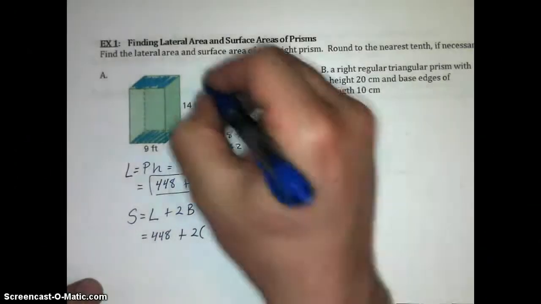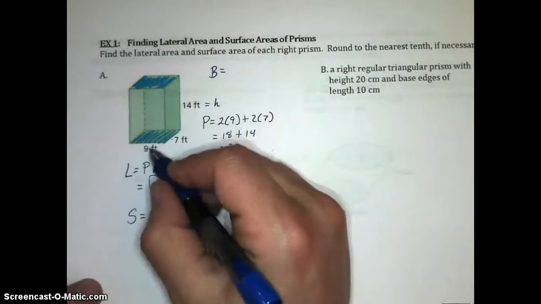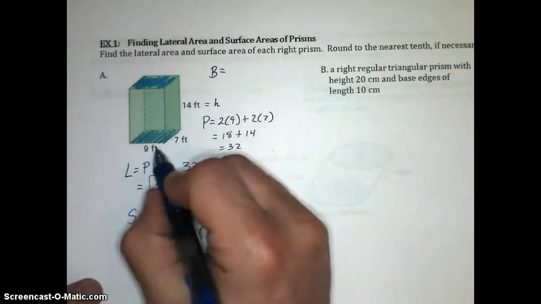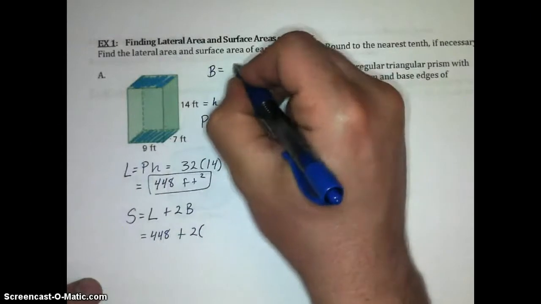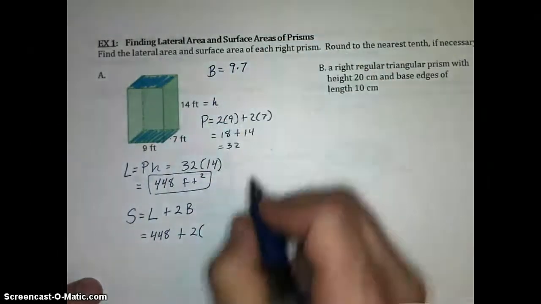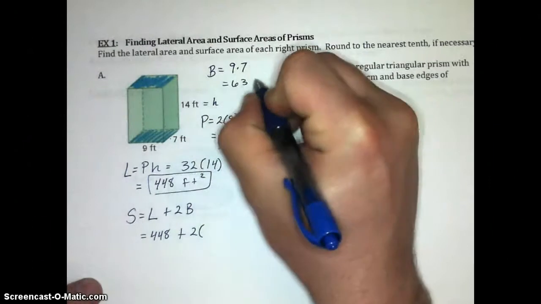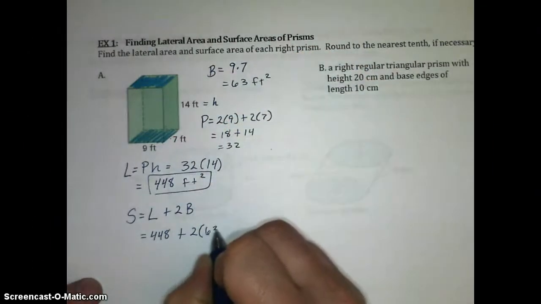So I'm going to come back up here and find the base area. The base is a rectangle with one edge measuring 9 feet, one edge measuring 7 feet. So those dimensions multiplied together, 9 times 7, give us a base area of 63 square feet. So I'm going to take that and double it because there are two bases.